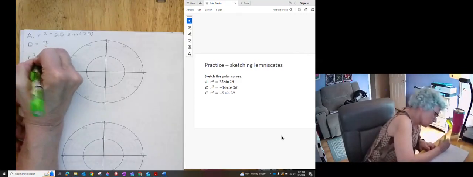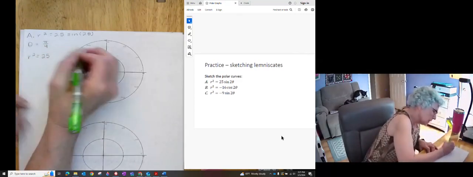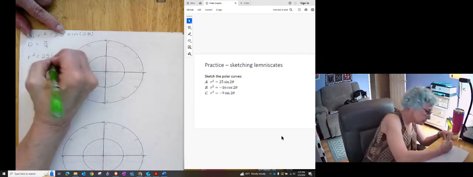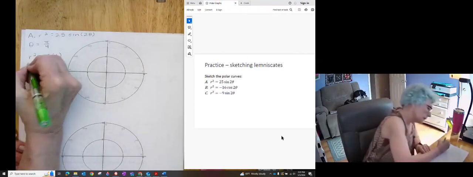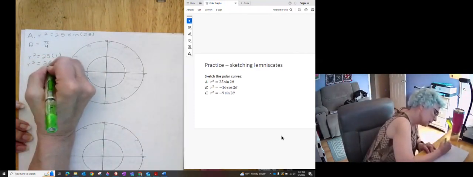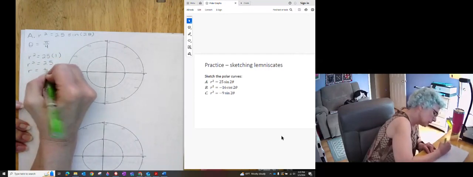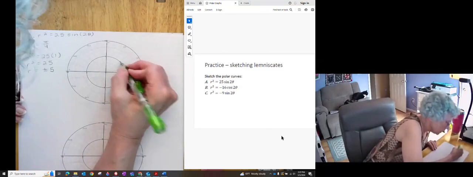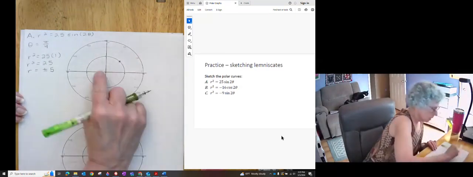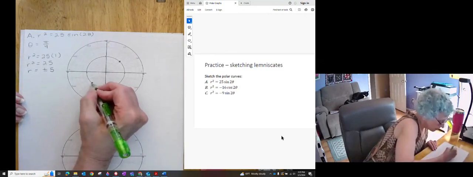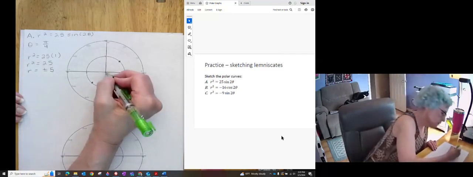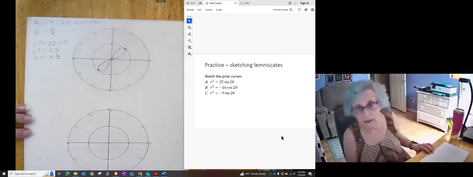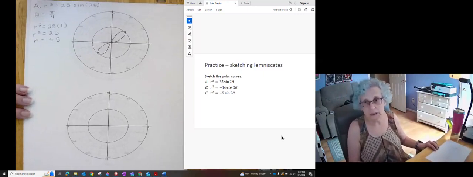So r squared is equal to 25 times sine of 2 times pi over 4, which is pi over 2, which is 1. So r squared equals 25. R equals plus or minus square root of 25, which is 5. So I come here and I do pi over 4 and 5, pi over 4 and negative 5, and I draw in my little bow tie, my little infinity symbol.